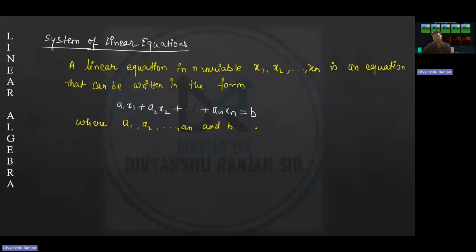Okay, so these are known as coefficients, and b is the constant term.